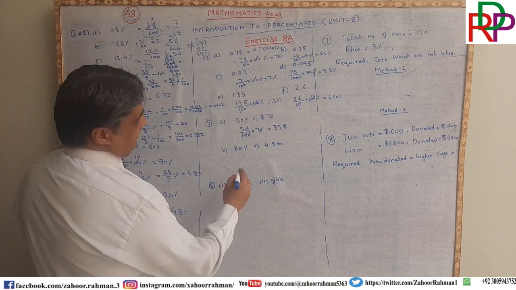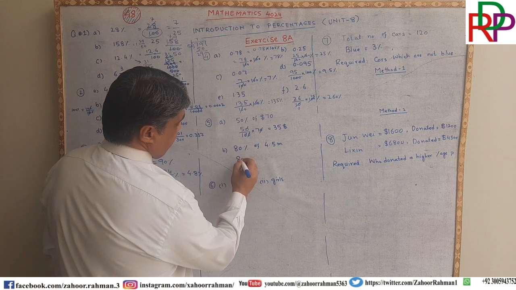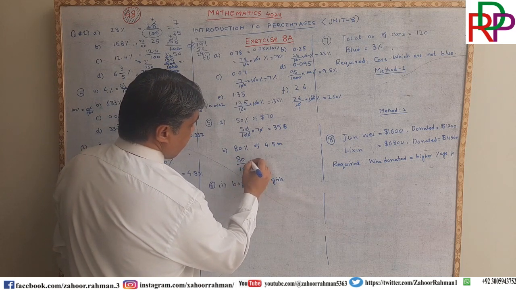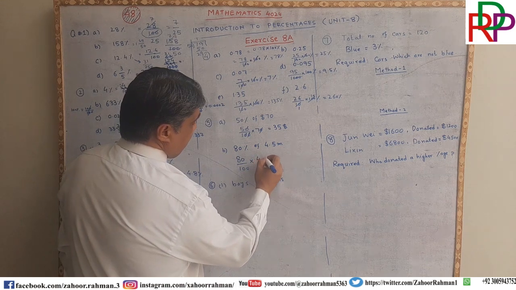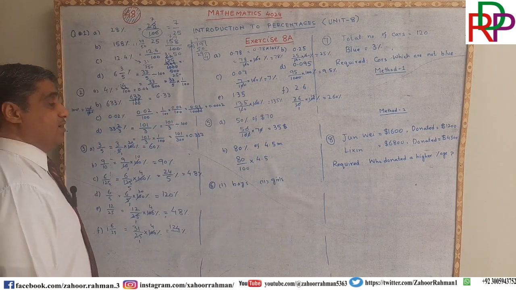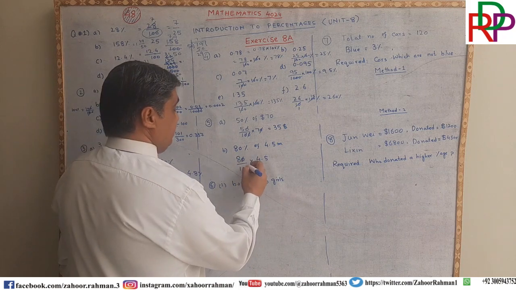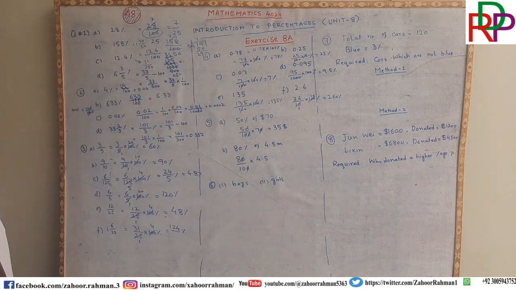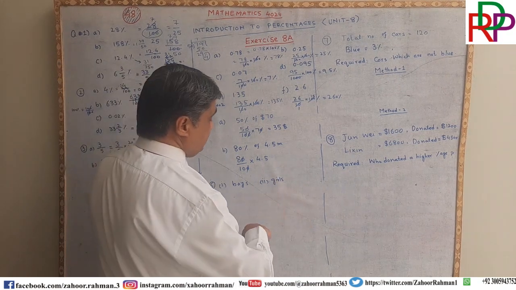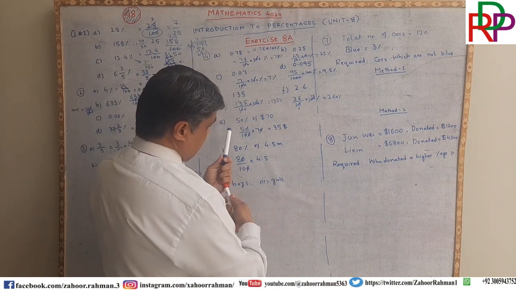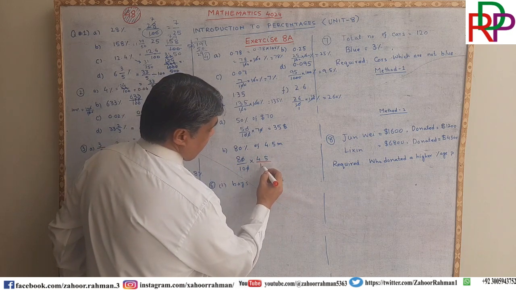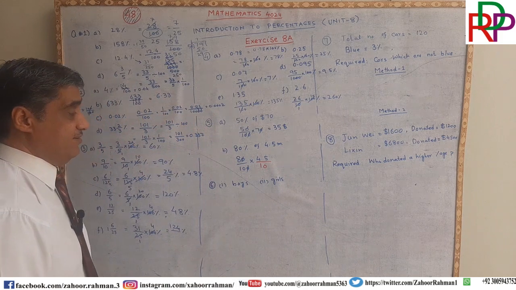Now in second case, we have to find 80% of, which means multiplication of 4.5. Now this will be cancelled with this one, and to remove this decimal, we are introducing 10.